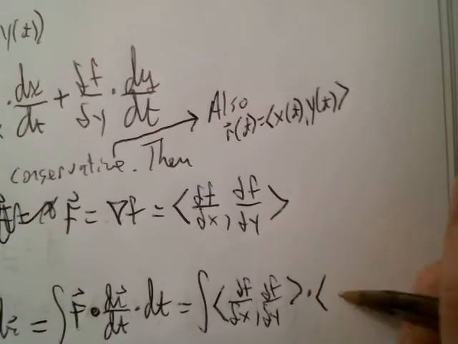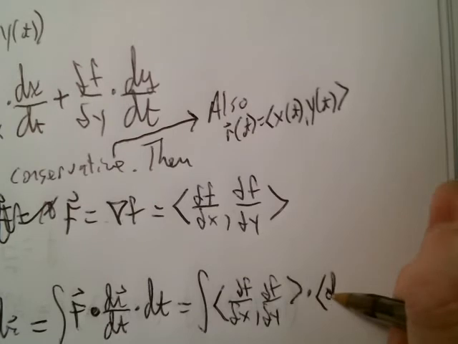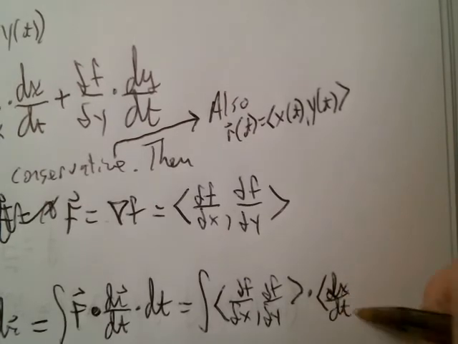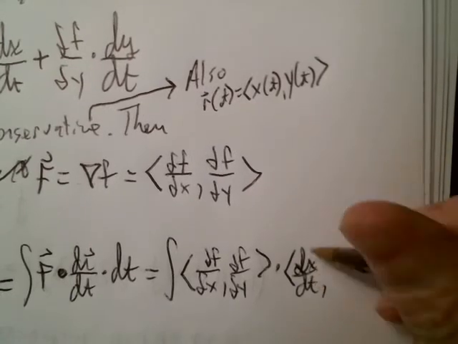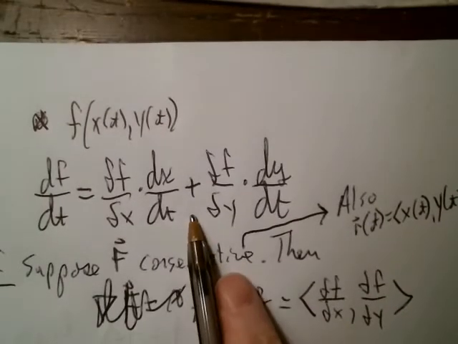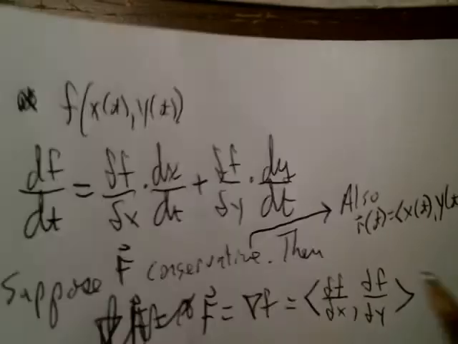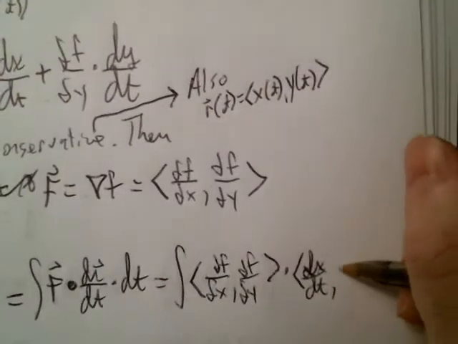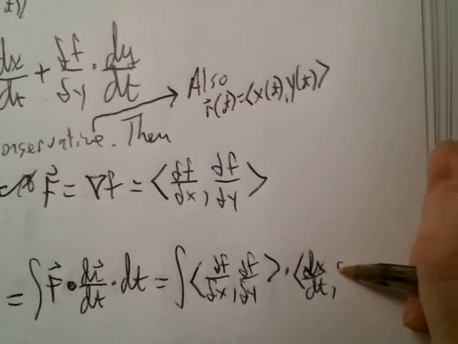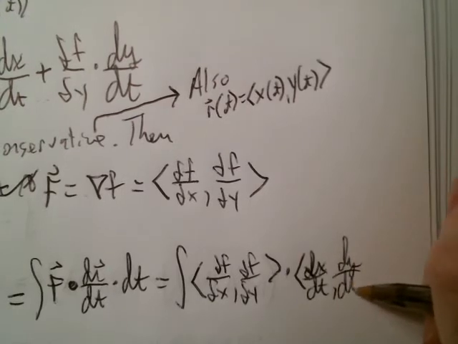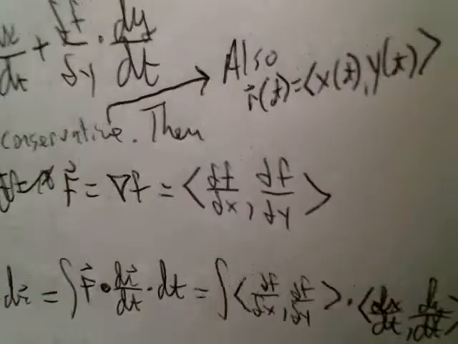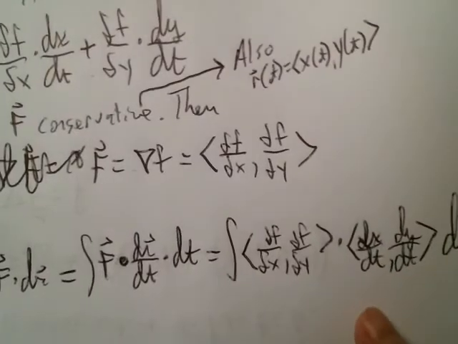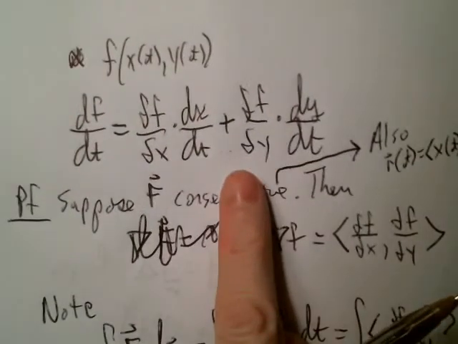So that would be the derivative of x with respect to t. Usually we just put x prime, but this will make it much more clear that what we're ending up with is just the derivative of f with respect to t. So the derivative of x with respect to t, the derivative of y with respect to t, and then dt. Then if you dot product those things, you get exactly this thing here.